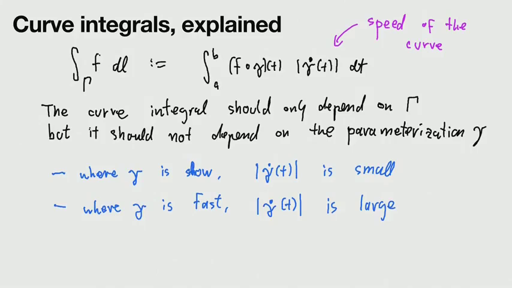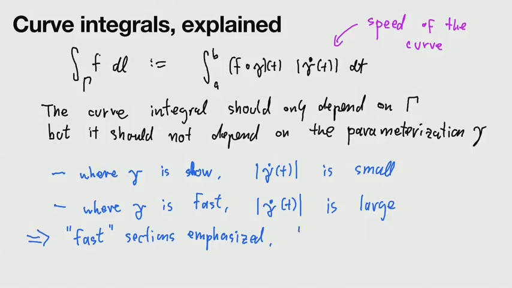What now happens is the following. Fast sections: if I rush through something, it will only be a small part of the parameterization, but the speed will be very large. Then these will be emphasized in the integral because the speed will be larger.